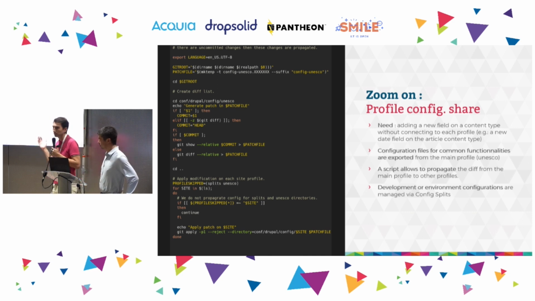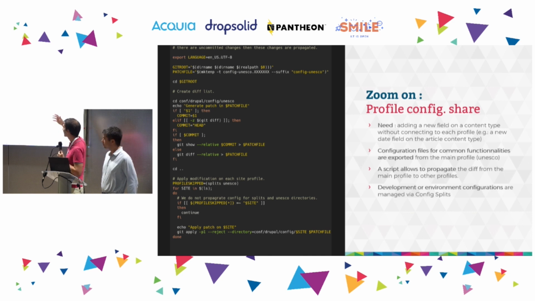For many other profiles, it's the same content type from UNESCO.org, but sometimes there is a content type that is different or will be removed. So for that, we are going to UNESCO.org, not the website, but the profile on a local instance.